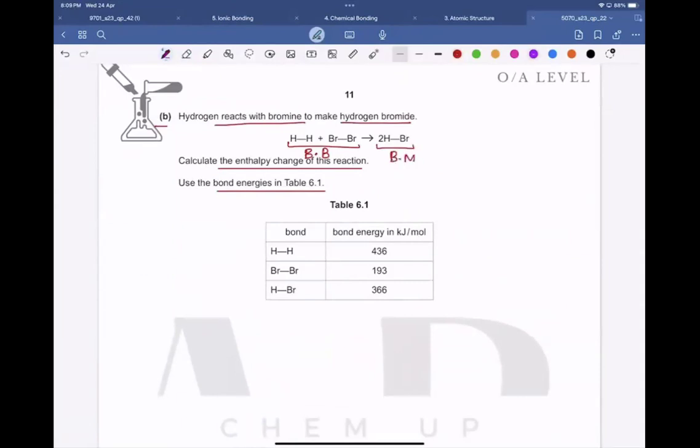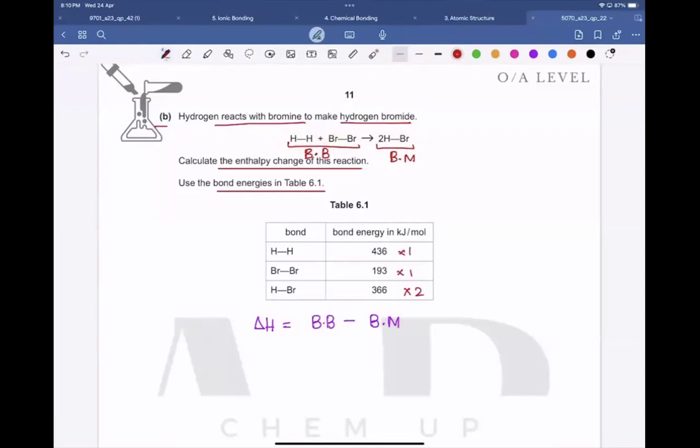The formula to calculate the enthalpy change with bond energies is the energies involved in bond breaking minus the energies involved in bond making. There are 2 moles of HBr, so the hydrogen bromine bonds are twice, and I have to multiply by 2. But there is 1 mole of hydrogen bonds and 1 mole of bromine bonds, so we keep them as they are.